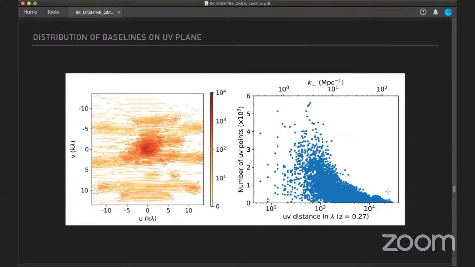This tells us that we have higher sensitivity. On the top x-axis, we show the K perpendicular modes that are accessed by these baselines. So we have higher sensitivity at low K perp, and it falls off at high K perp values.